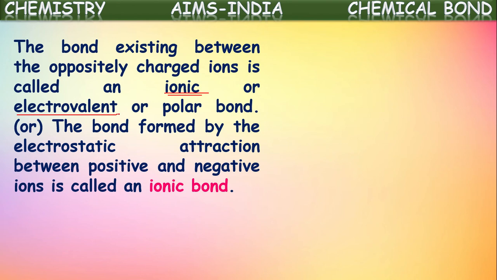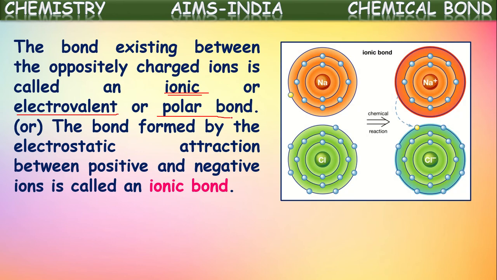And because of this formation between the two oppositely charged ions, it is also called polar bond. Here polar or polarity means charge formation. So it is formed between the two oppositely charged ions. It is called polar bond also.